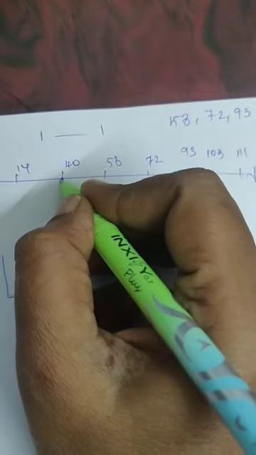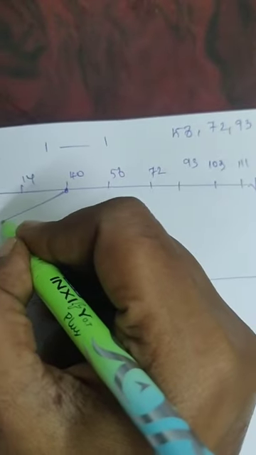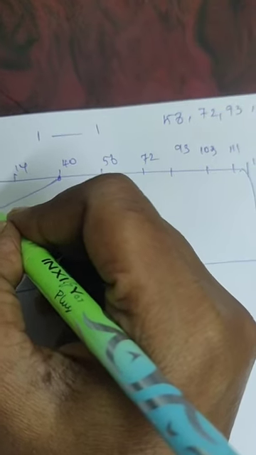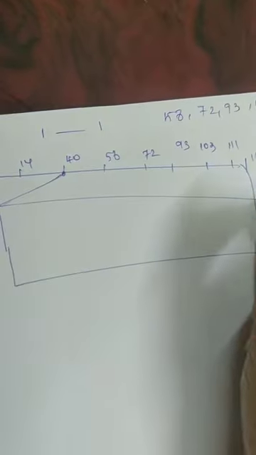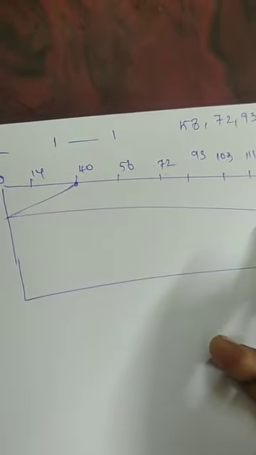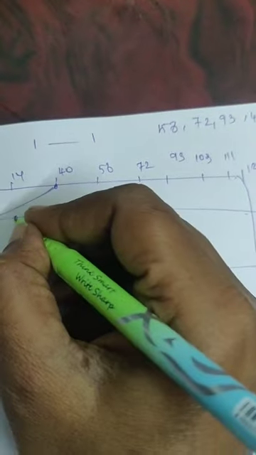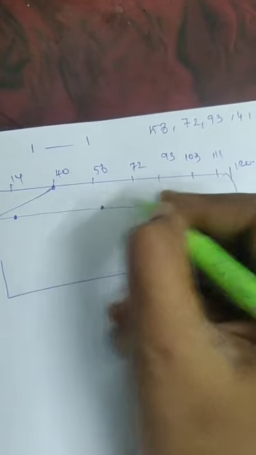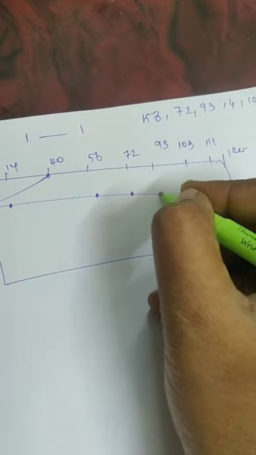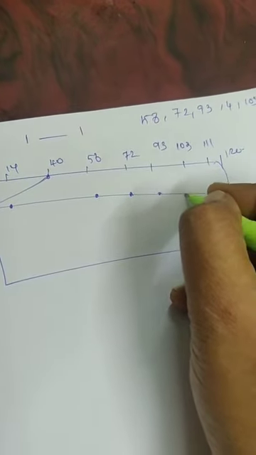So what happens here is, let us assume the head is available here. It moves to the front, and the read write head moves from this direction to this direction. While moving in this direction, it serves the data: 14, 58, 72, 93 and 103.